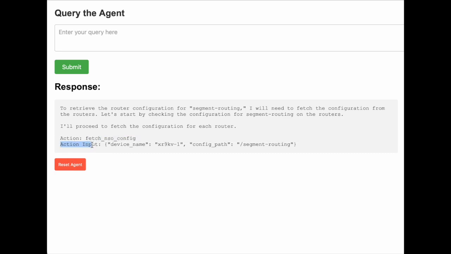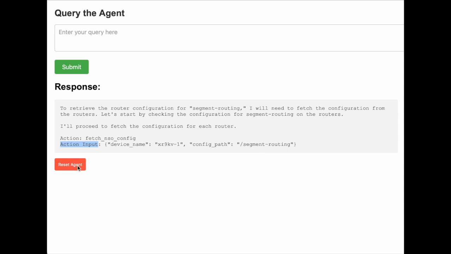Well, you see, he basically understood what I want, and his action input is find the right device and config path. The config path is like the section of the configuration that I want to see.